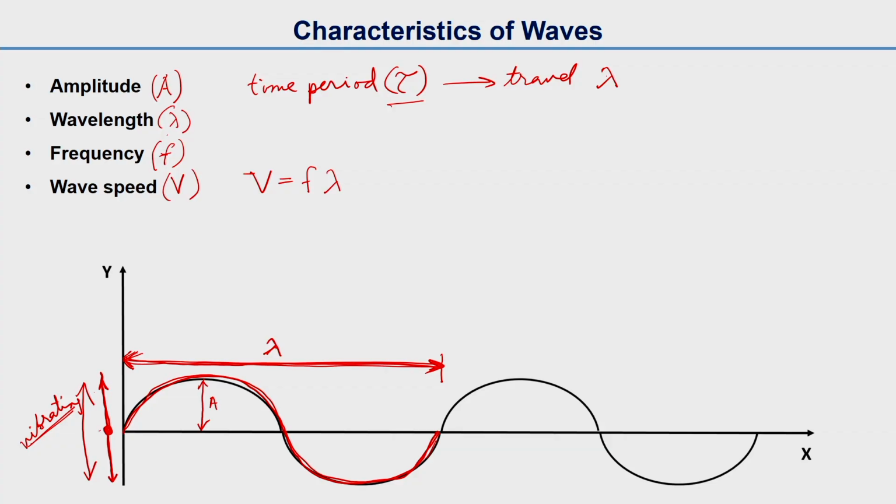The frequency can be defined as the number of complete cycles divided by the time interval.